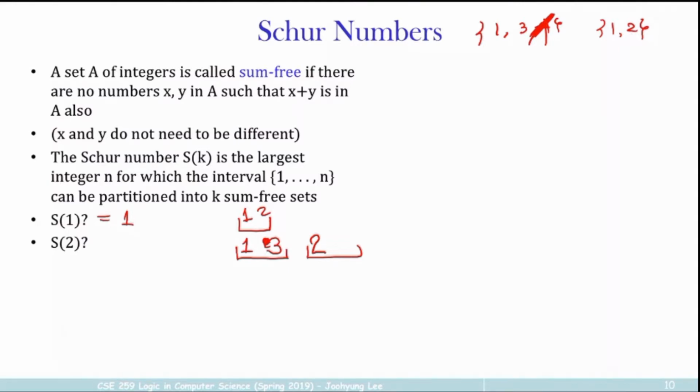Can you place 4 in the second bucket? So what can we say about S of 2? We cannot put 4 in, meaning that 3 is the maximum value that we can allow. So S of 2 equals 3.